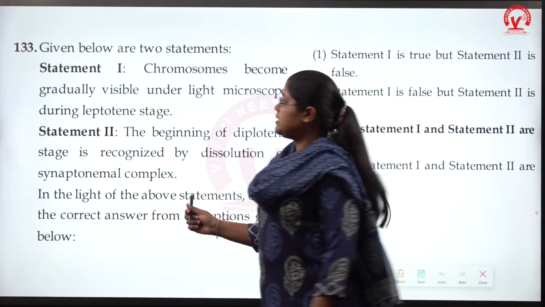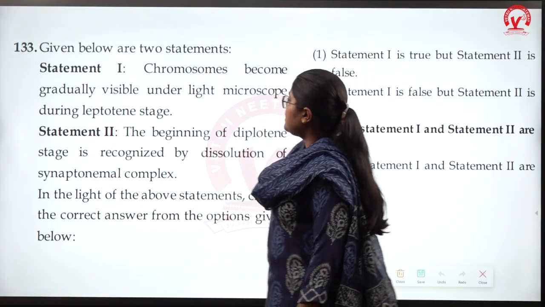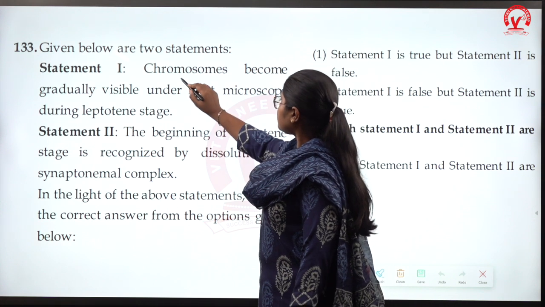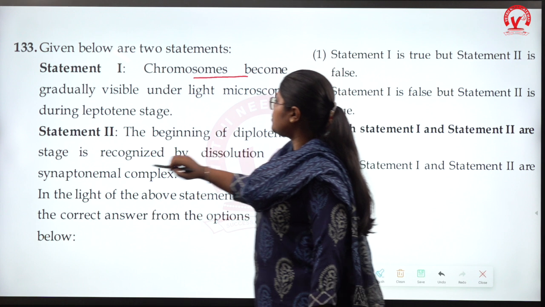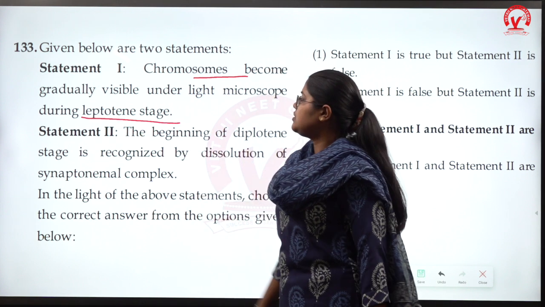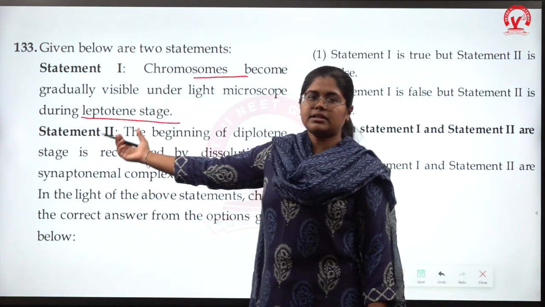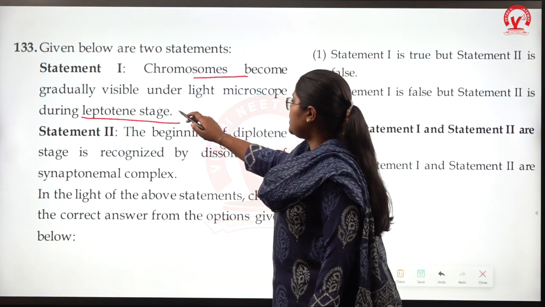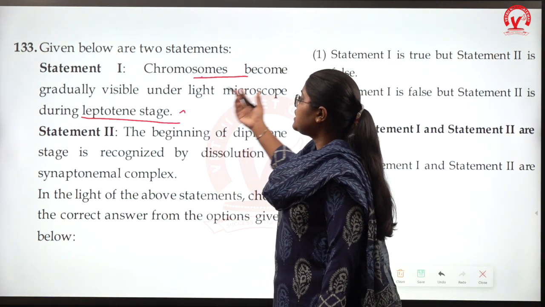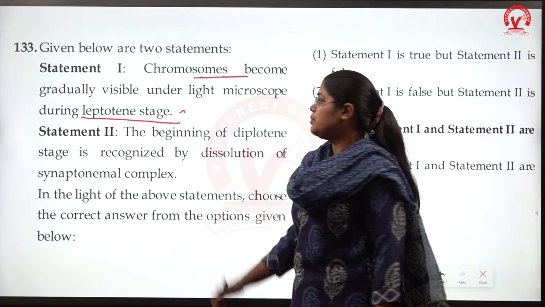So next question, from cell cycle and cell division they have asked. Chromosomes become gradually visible under the light microscope during leptotene stage, they have given. Leptotene stage is the first stage in prophase 1 of meiosis. So in the first stage only, chromosomes become gradually visible in the microscope.